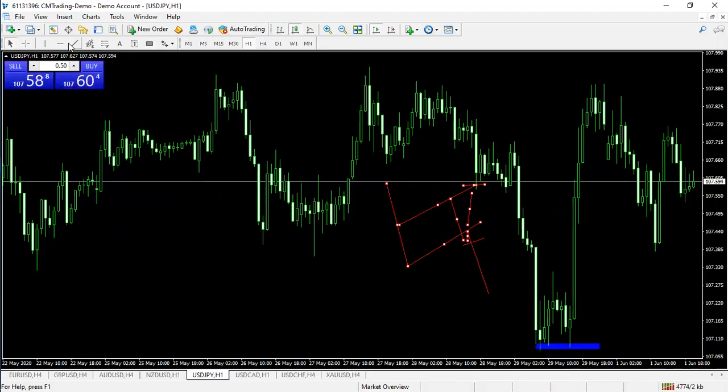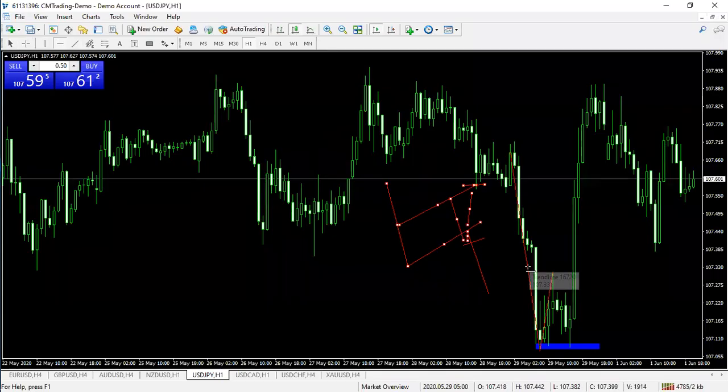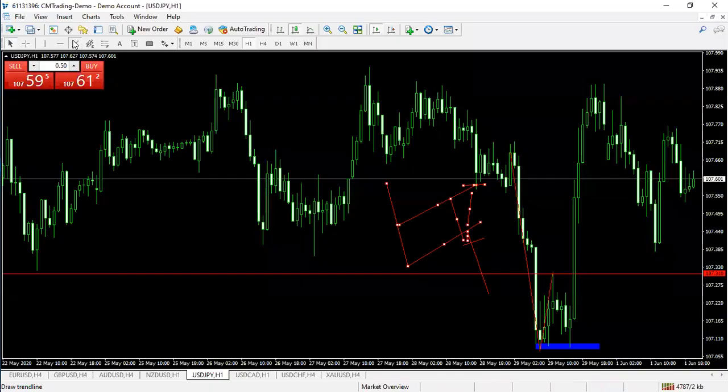Some people call them M formations, some call them W formations. It doesn't matter much. So, the target when it comes to this, the market breaks out of this point, or this zone, so your target will be this distance from here to here. Okay, so that is your target.